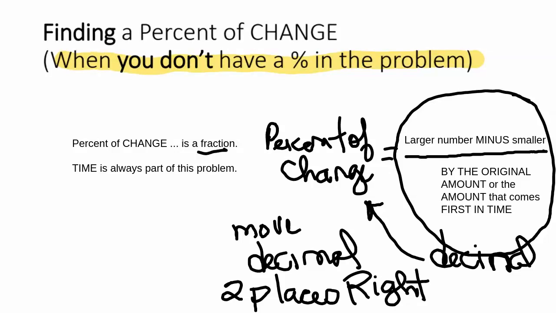It's a fraction. It's the larger number minus the smaller number. Now, this part at the bottom, divide by the original amount, or the amount that comes first in time. And this is where the next couple of slides are going to be critical.